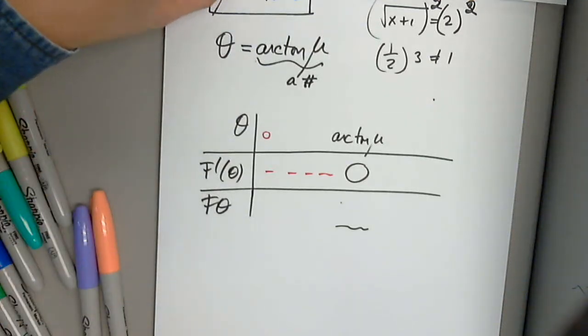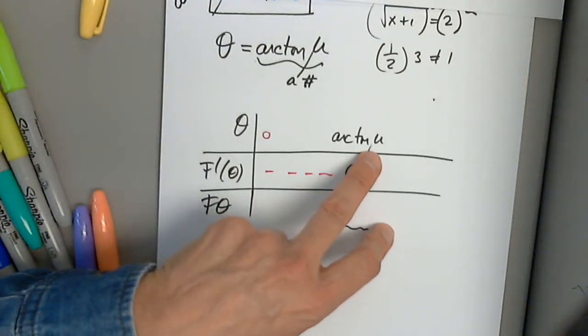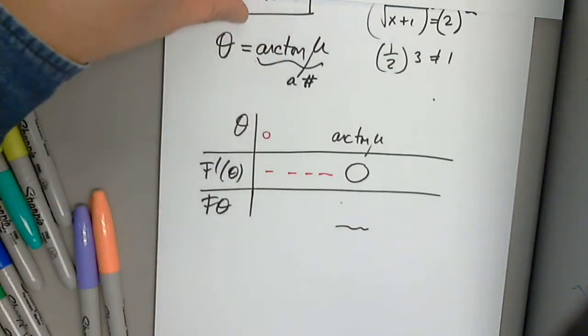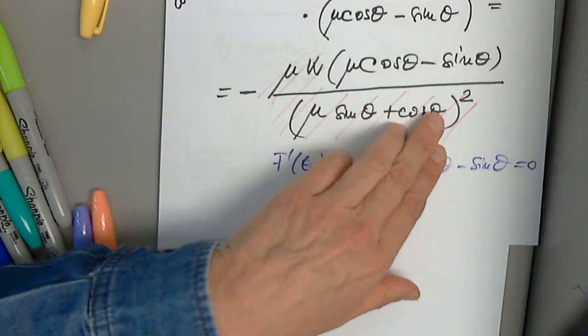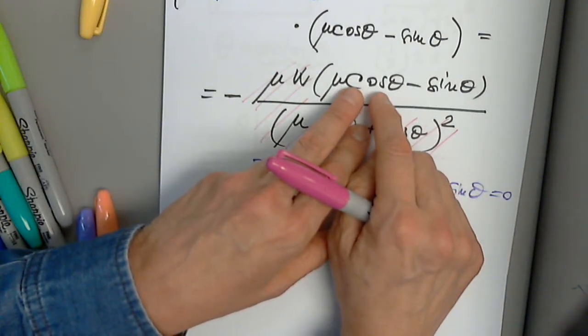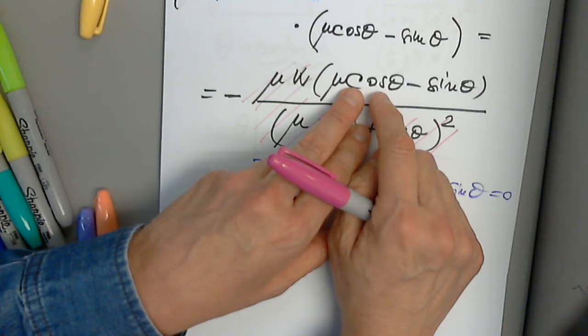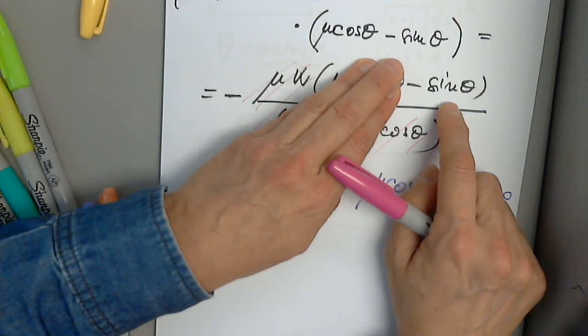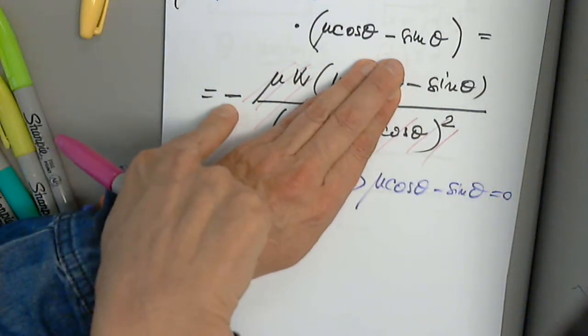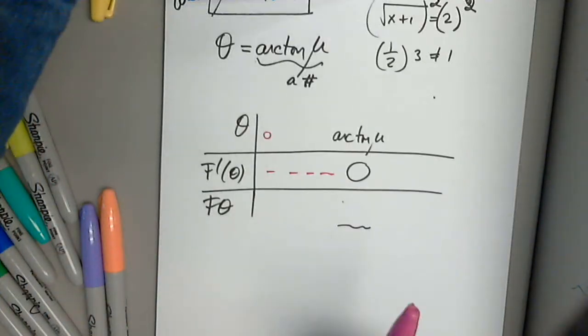Now I have to go to the other side. I know that arc tangent mu cannot be more than 90 degrees. So let's see what happens with 90 degrees or pi over 2. Cosine pi over 2. 0. Perfect. Sine pi over 2. 1. With minus in front. Negative. That's all I needed to show.